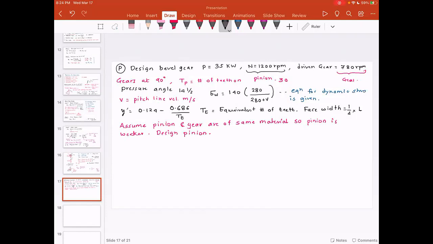So we will say M is equal to module, and face width. So here, please note this additional information that is given to us. Face width is B. B is equal to L divided by 4.